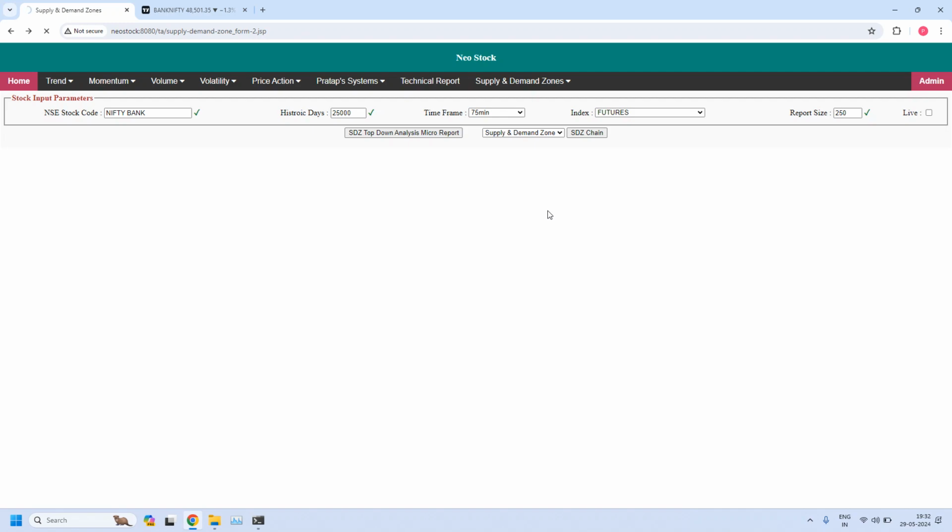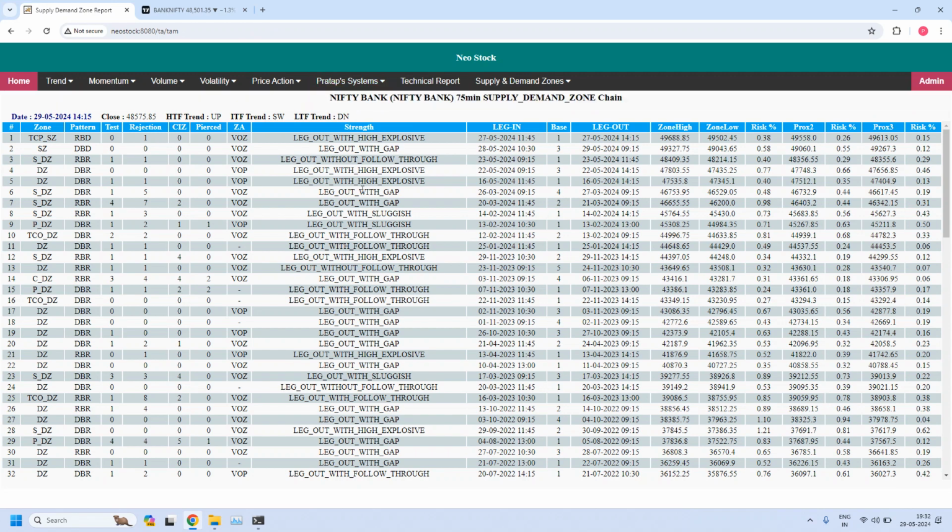Yesterday we saw it was a sideways trend. Now it is a downtrend. So one of the 75 minute zones is violated today. 75 minutes trend is down. Daily trend is sideways. Look into this.